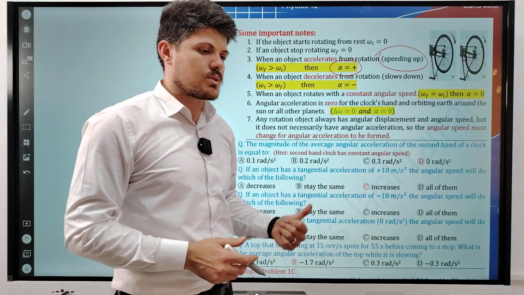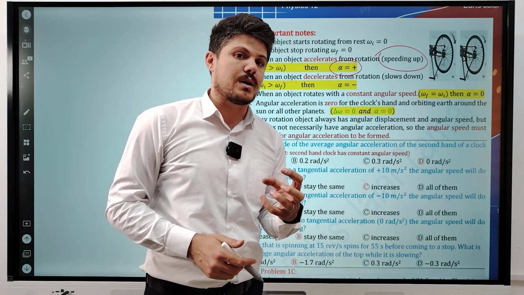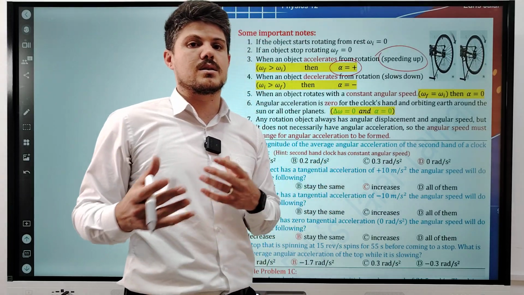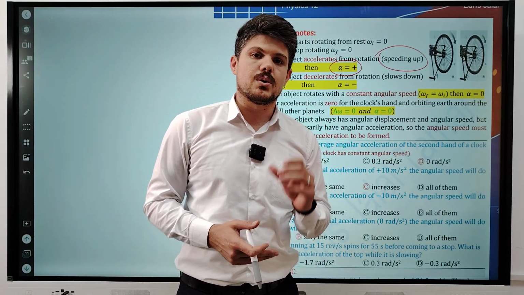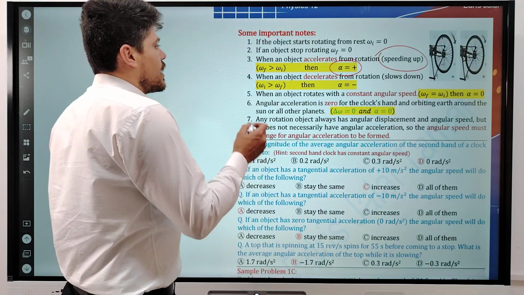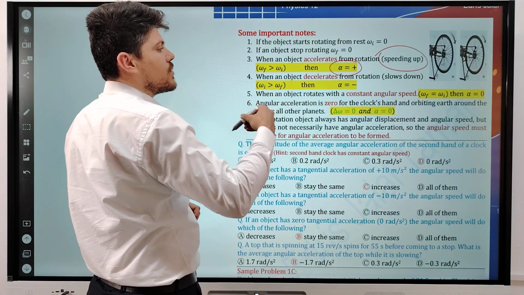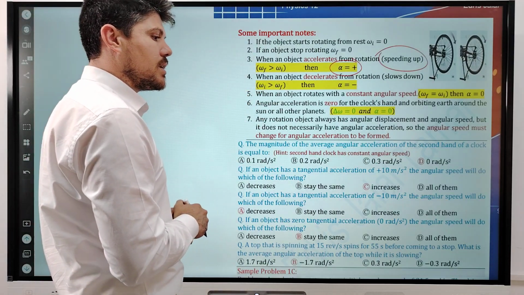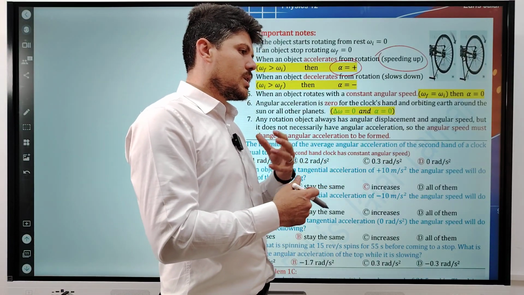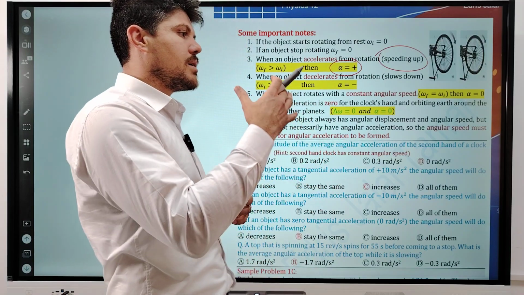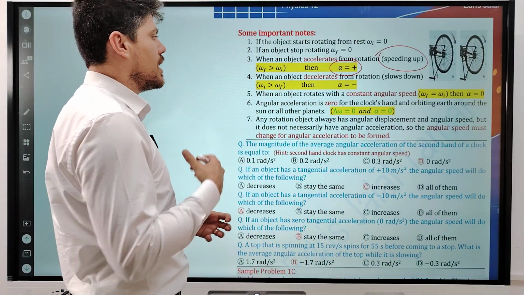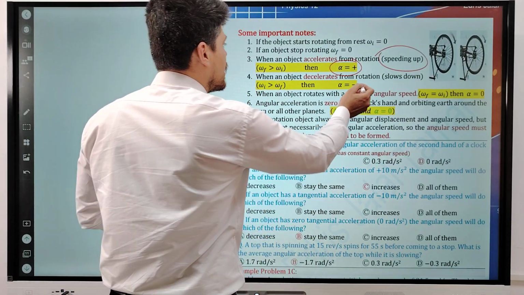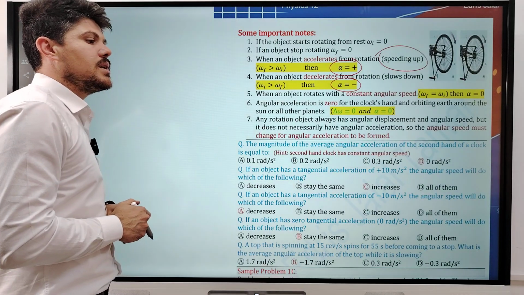According to the equation, angular acceleration is omega final minus omega initial. The bigger value minus the smaller value, the result becomes positive. In the case of decelerating from rotation, or slowing down, omega initial is bigger than omega final. It means that the object is rotating and slowing down until it reaches 0, until it stops. So in that case, omega initial is bigger than omega final, and the value of alpha becomes negative.